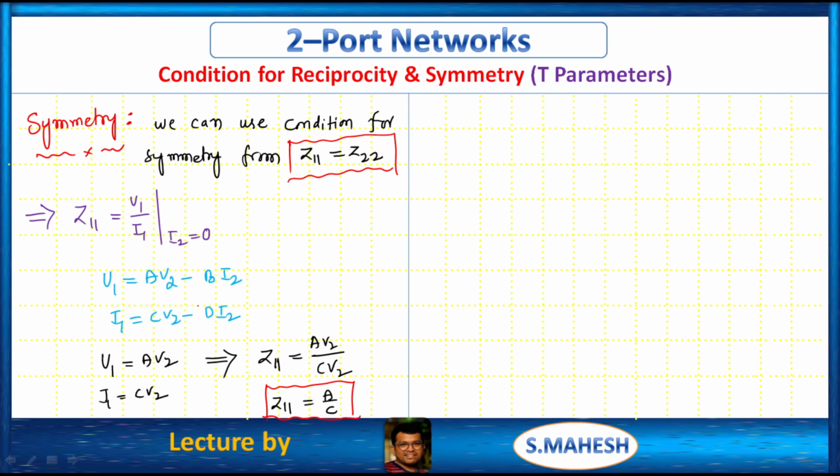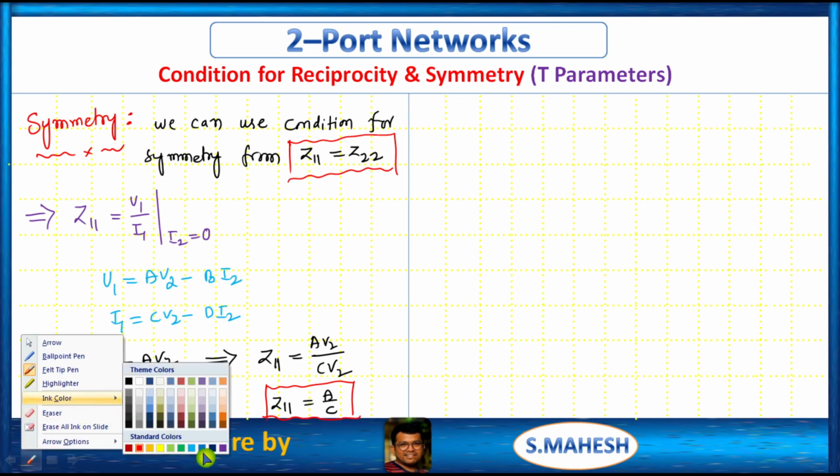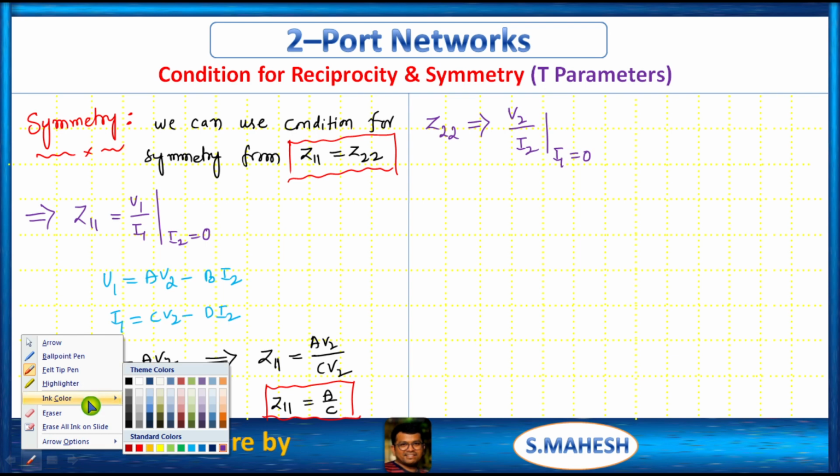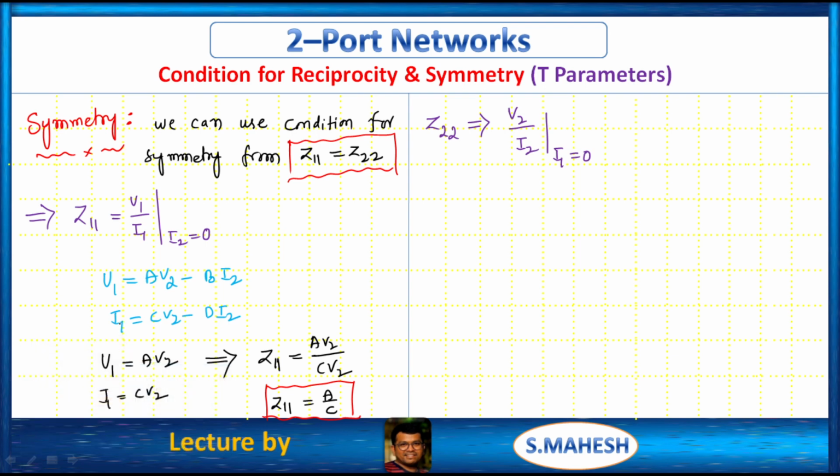Like that, to get Z22. Now it's time for Z22. Z22 means V2 by I2 when I1 equals 0. When I1 equals 0, we have CV2 equals DI2.